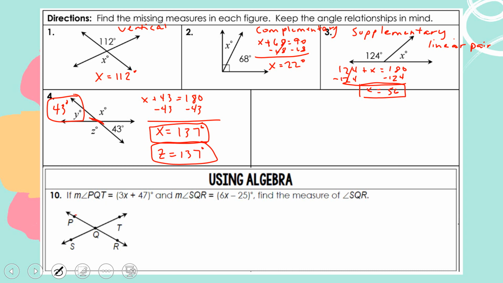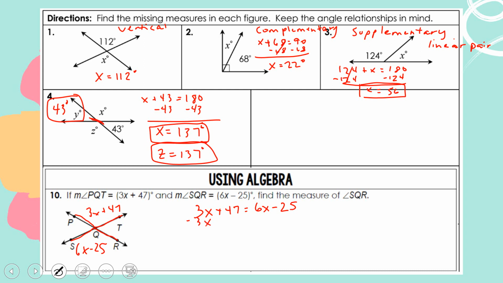All right, and then this one is if measure of PQT is 3x plus 47, and SQR is 6x minus 25. Find the measure of SQR. So those are vertical angles, so they're going to be equal. So 3x plus 47 is going to equal 6x minus 25. So let's move our x's together first.